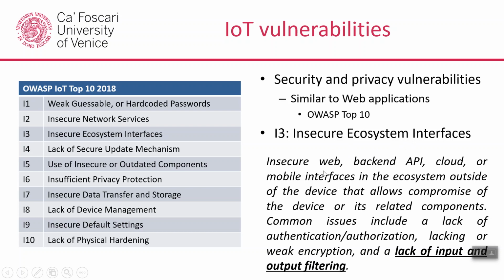Essentially, this says that some levels of interfaces inside the IoT ecosystem might be vulnerable with respect to many different types of vulnerabilities, in particular because of the lack of input and output filtering. So it's enough that one of the layers of the IoT software I introduced to you a couple of slides ago is vulnerable, and this might compromise the whole reliability and security of the IoT system.